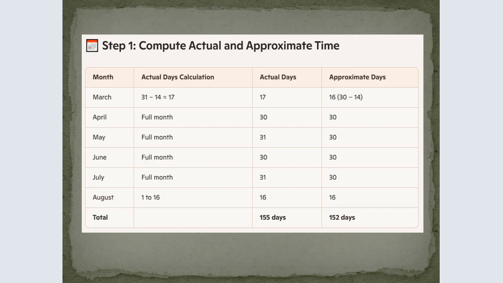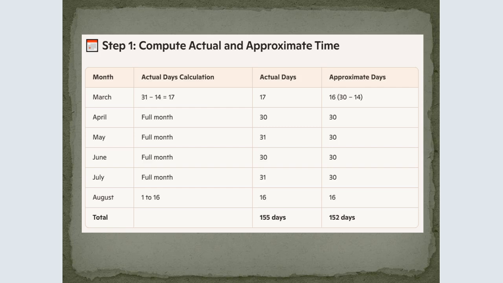For the month of April, up to July is a full month. Now for the actual days, we have 30 for April, 31 for May, 30 for June, 31 for July, and 16 for August. For the approximate, again, we have 16 for March.